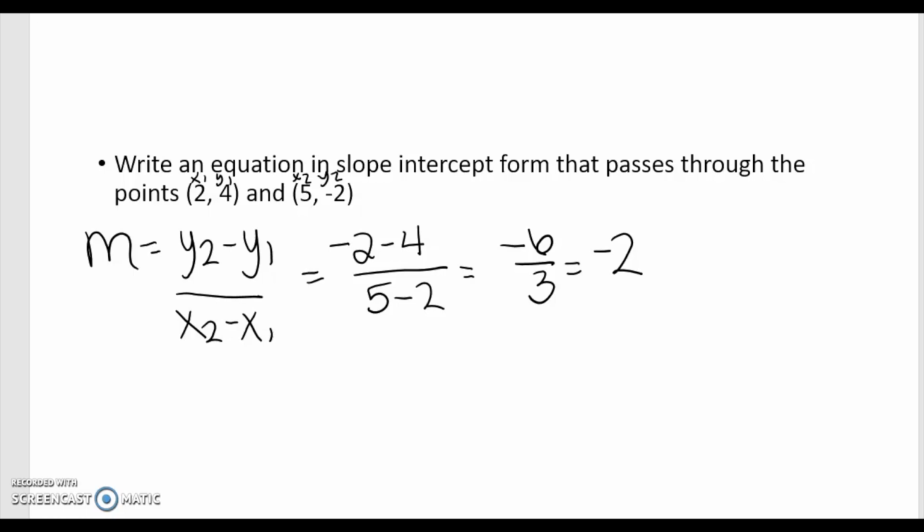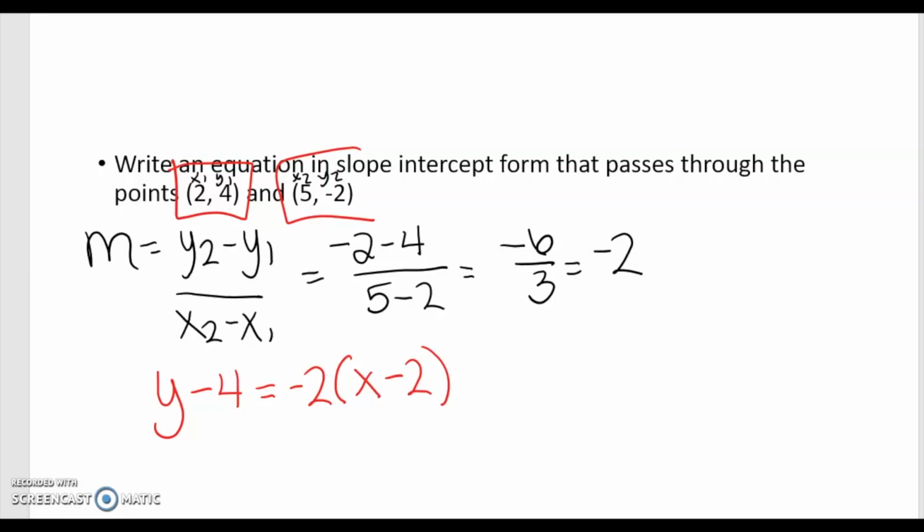Now to put it in point-slope form, we can use either ordered pair. So there really would be two answers. So using the first ordered pair, point-slope form would be y minus 4 equals -2 times x minus 2. That would be using the first ordered pair.